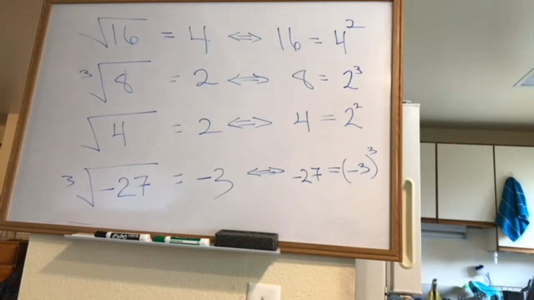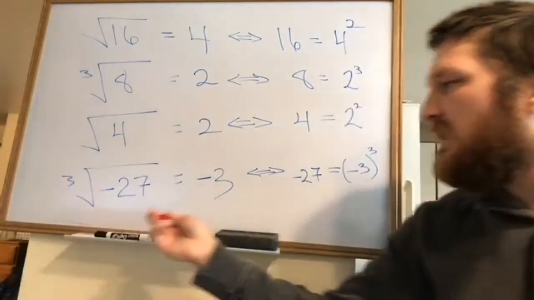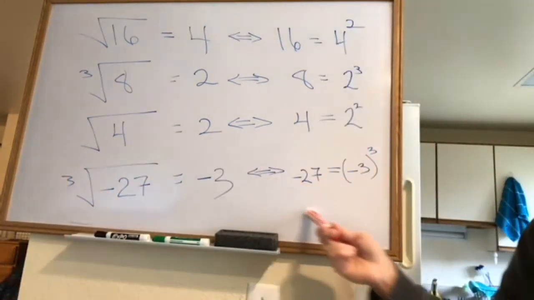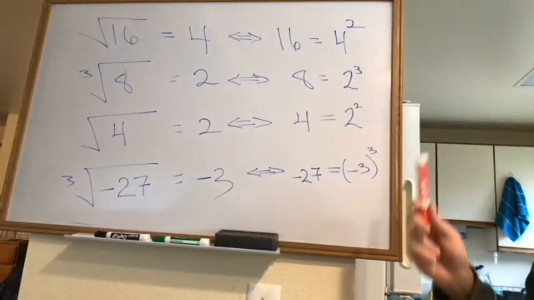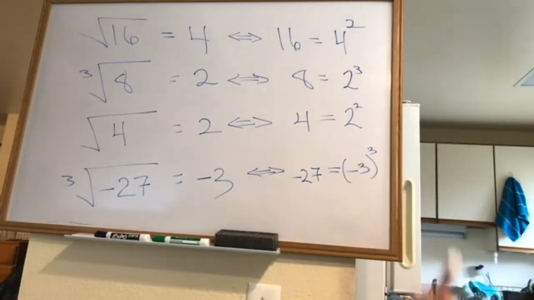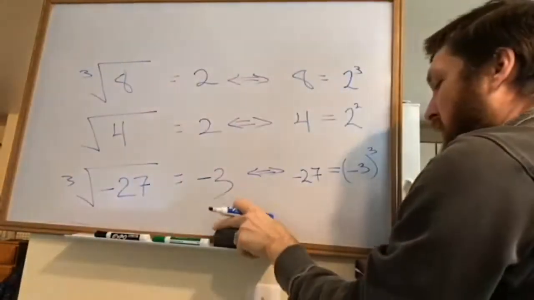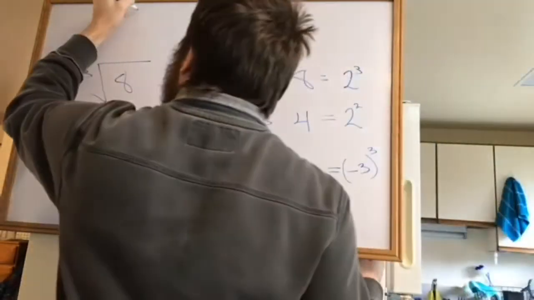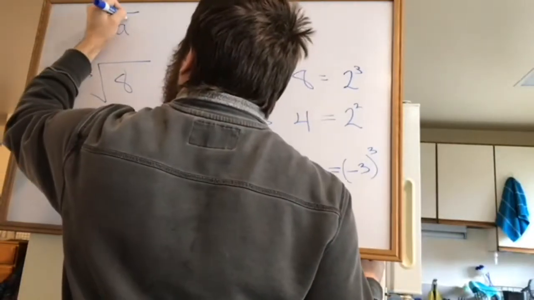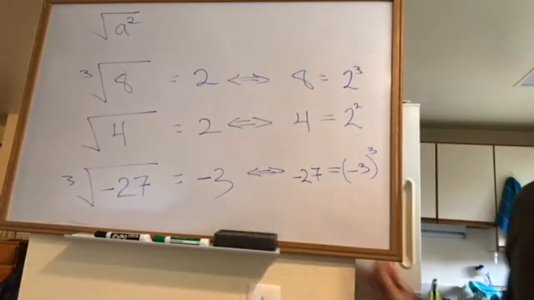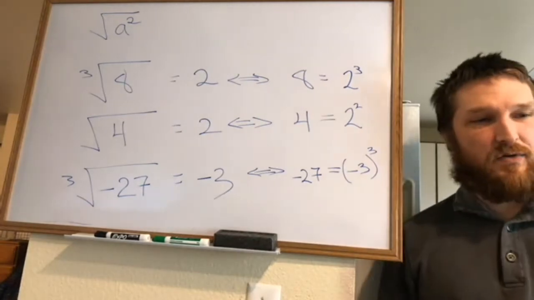In your homework, you're going to have a couple of questions that give you something like this, and tell you to write it like this. Now, let's talk about that right now. What's the square root of a squared?